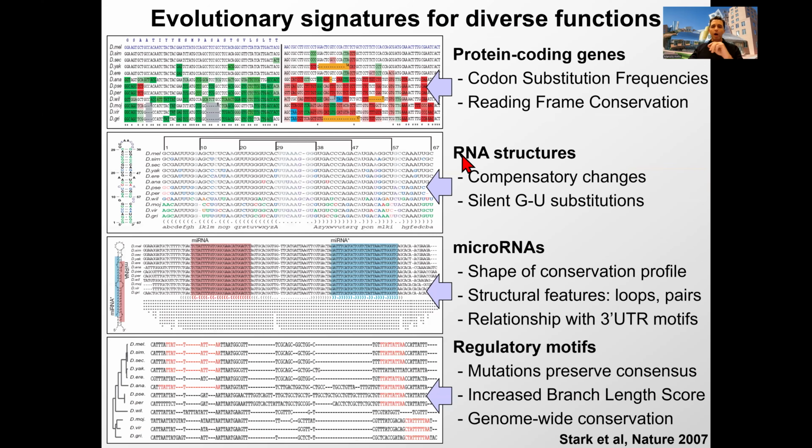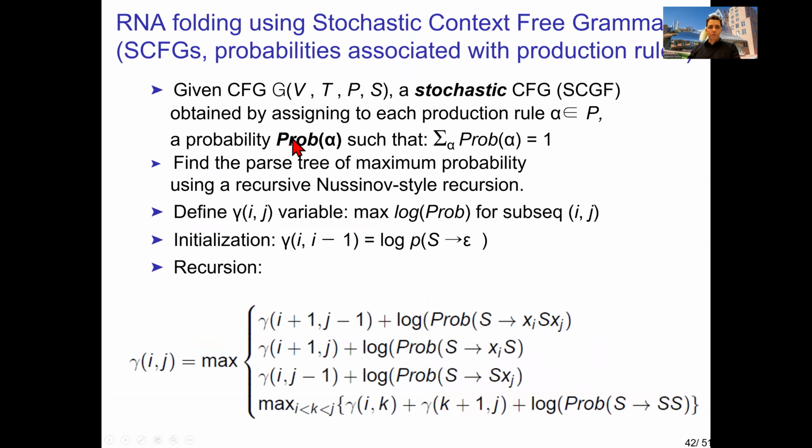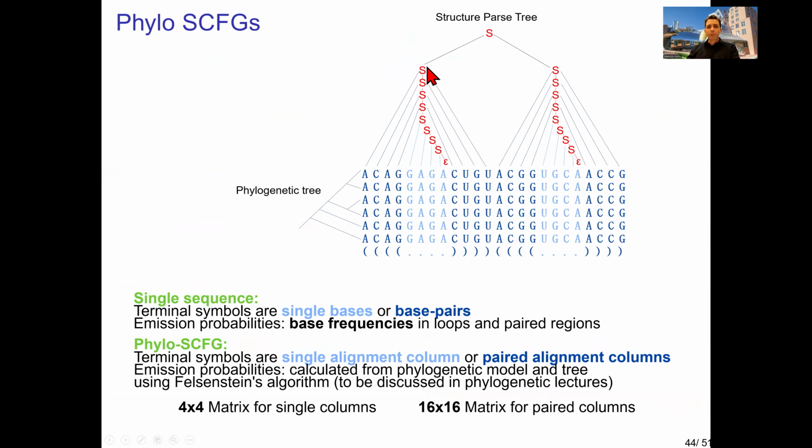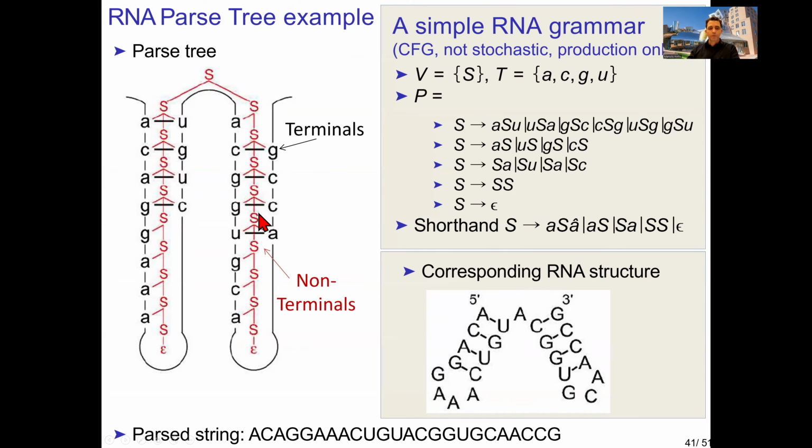Let's now talk about RNA selection, microRNAs, regulatory motifs, and so on and so forth. Okay? So RNAs are folded in 3 dimensions, in secondary structure and eventually in 3 dimensions. And you can build grammars that generate pairs of matching positions.